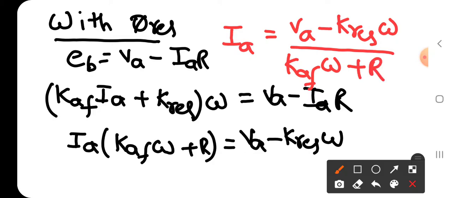This is the expression for I_A. Let this be equation 2.